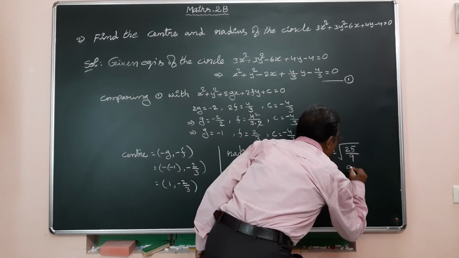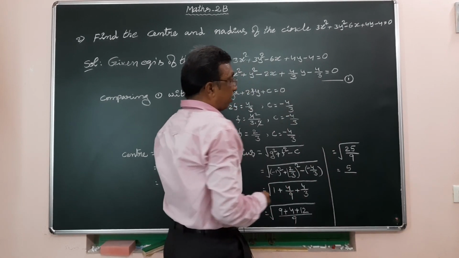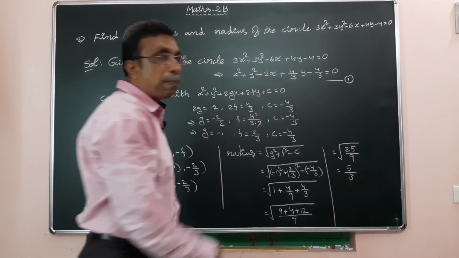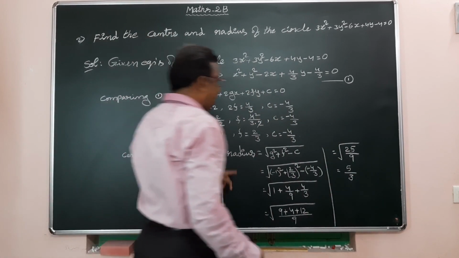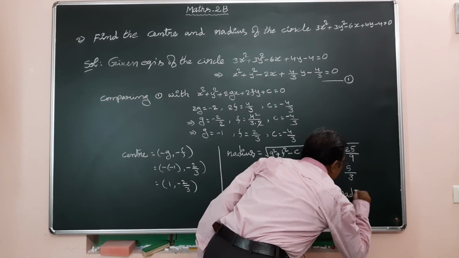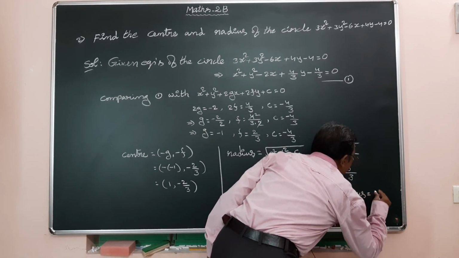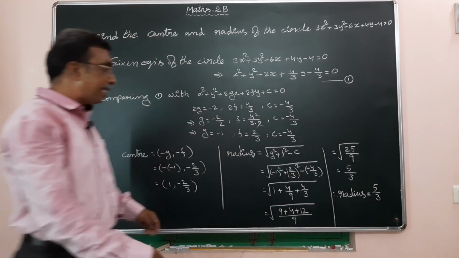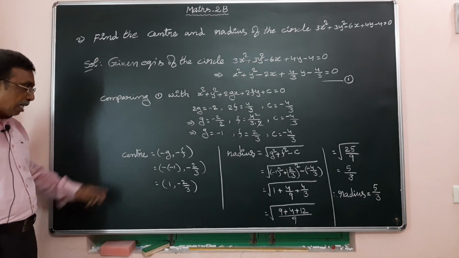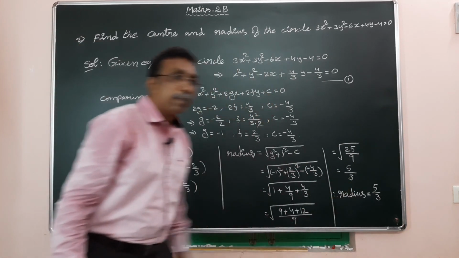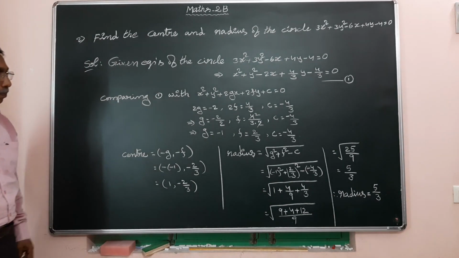The root of 9 is 3. So 5 by 3 is the radius. Therefore radius equal to 5 by 3. Center is 1 comma minus 2 by 3. Radius equal to 5 by 3.